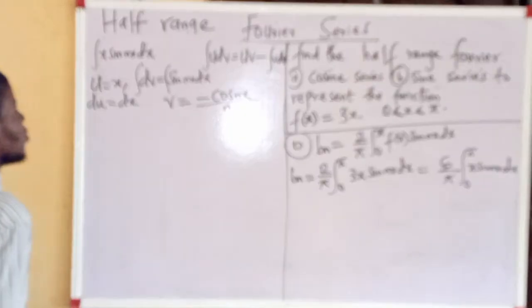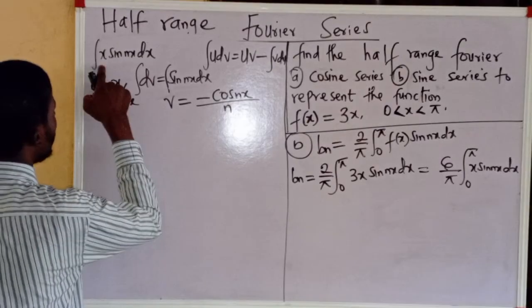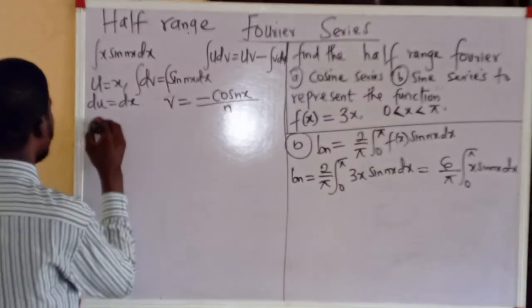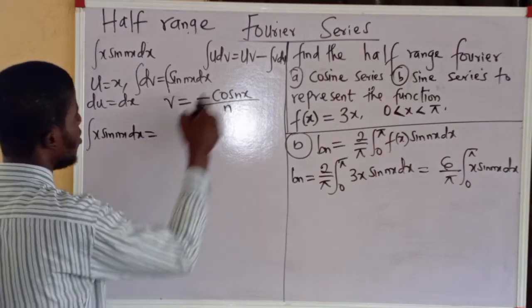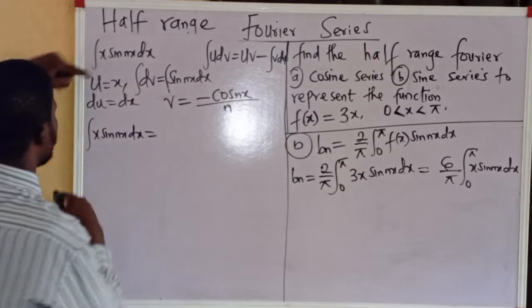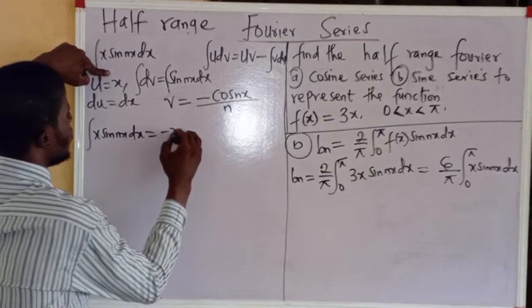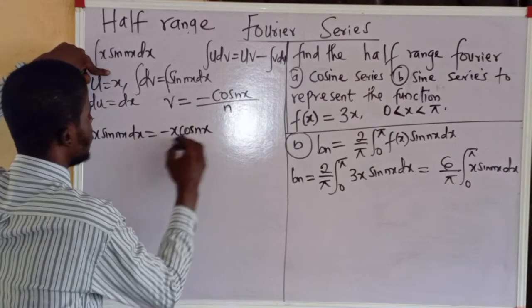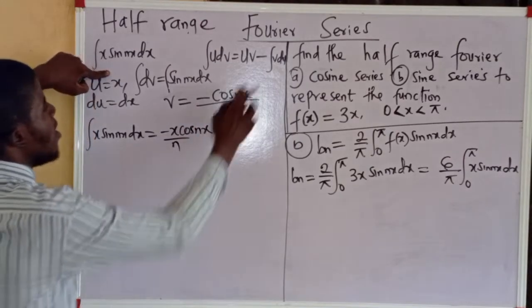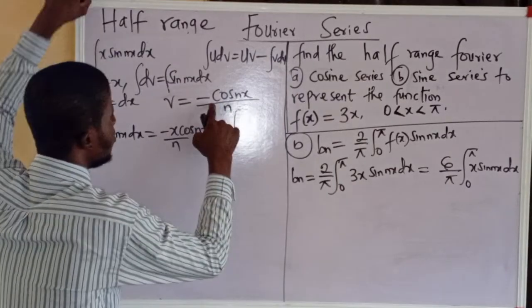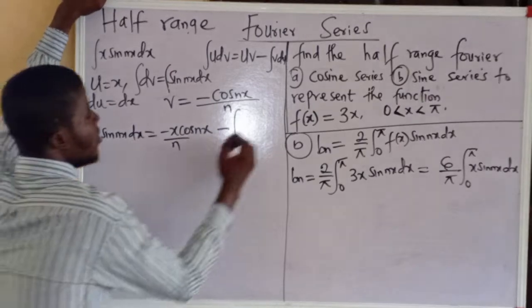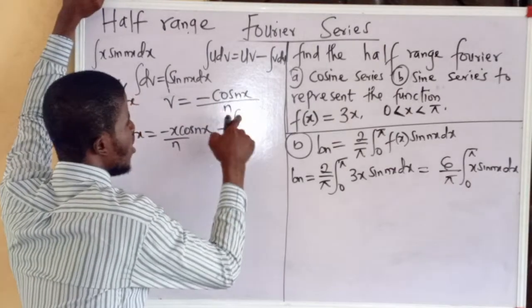So what then is the integral of x sine nx dx? It will be uv, that's x times minus cos nx over n, minus the integral of v du, where v is minus cos nx over n.